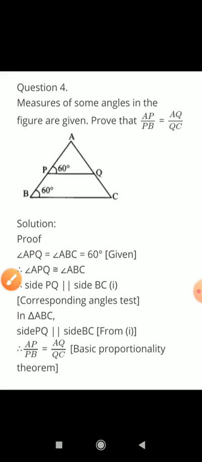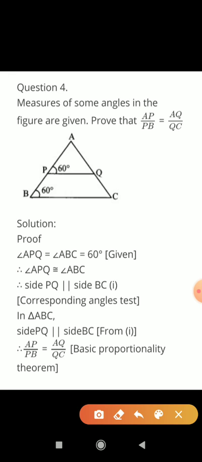See the solution of this. In the triangle, angle APQ is equal to angle ABC, equal to 60 degrees. It is given in the diagram. Therefore angle APQ is congruent with angle ABC. Therefore side PQ is parallel to side BC, and the reason is the corresponding angle test, because if corresponding angles are congruent, then the two lines are parallel.